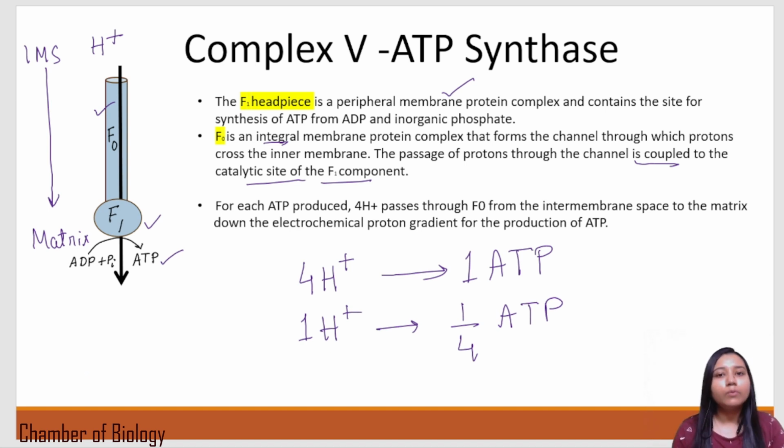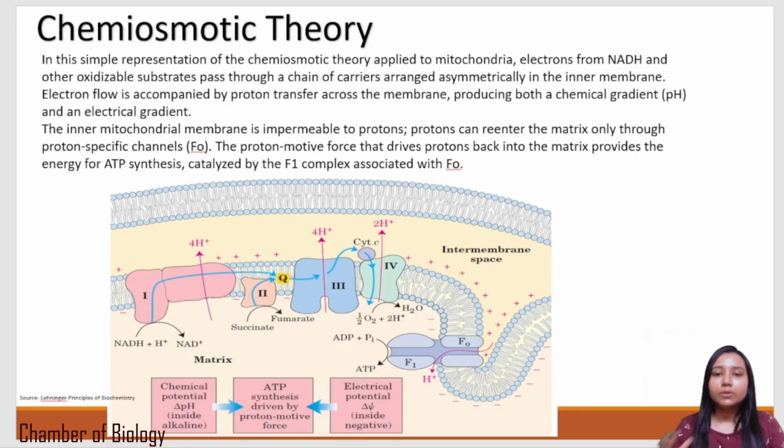Now, how is this happening, right? There is a theory behind it that is called the chemiosmotic theory. So you can see there is a proton gradient, or rather we can see it is an electrochemical gradient, okay? So as there is an increase of H plus, the pH also changes, and an electrical gradient is also going to form. So we can say an electrochemical gradient is forming.